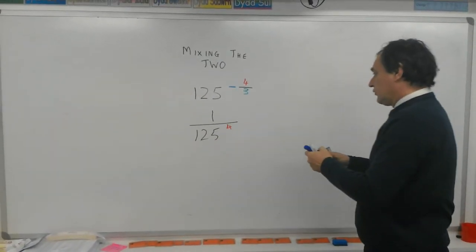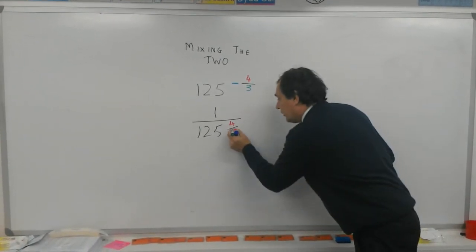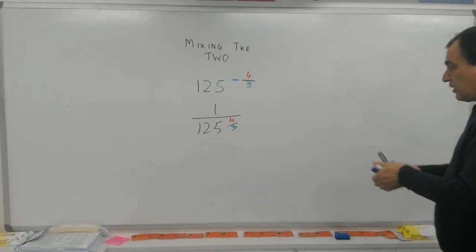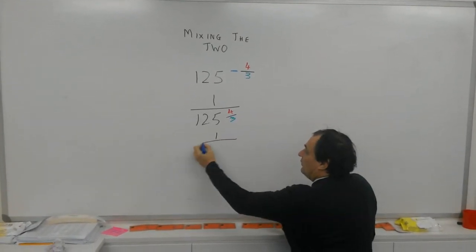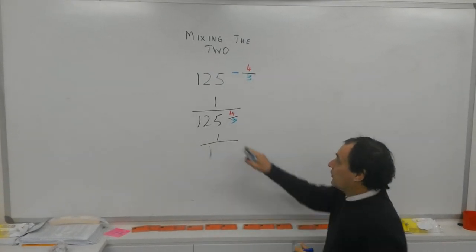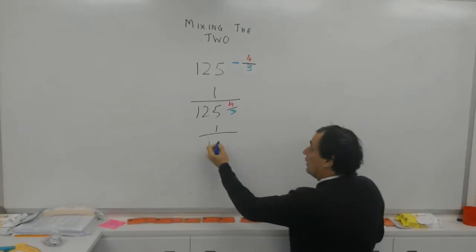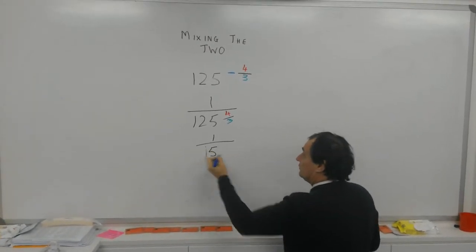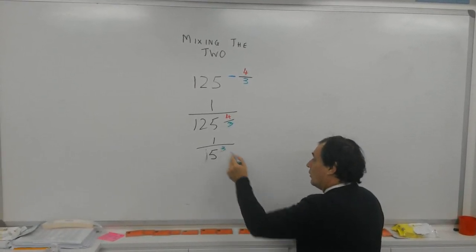So I'm going to be left with 125 to the 4/3. Working with it on the bottom, I'm going to take the cube root first of all of 125. The cube root of 125 is 5. So I'm going to put 5 there with the cubed.